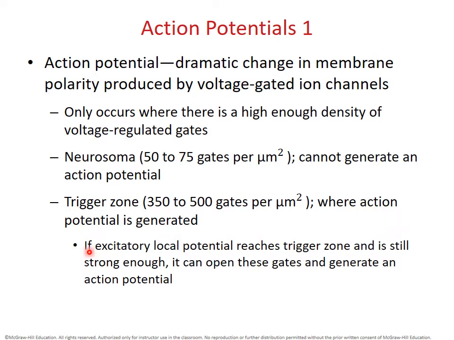Okay, just to reemphasize, excitatory local potentials occur out at the dendrites, say, and they spread, getting weaker as they spread. But if they're still strong enough by the time they reach the trigger zone, it can be enough depolarization to open these voltage-gated channels, and that will initiate an action potential.